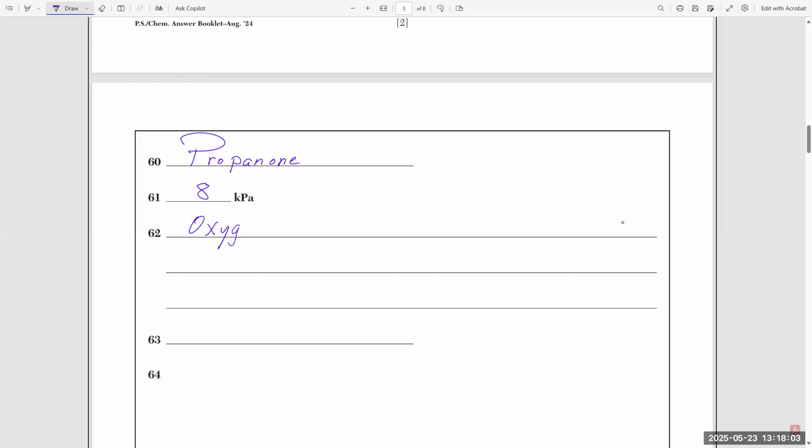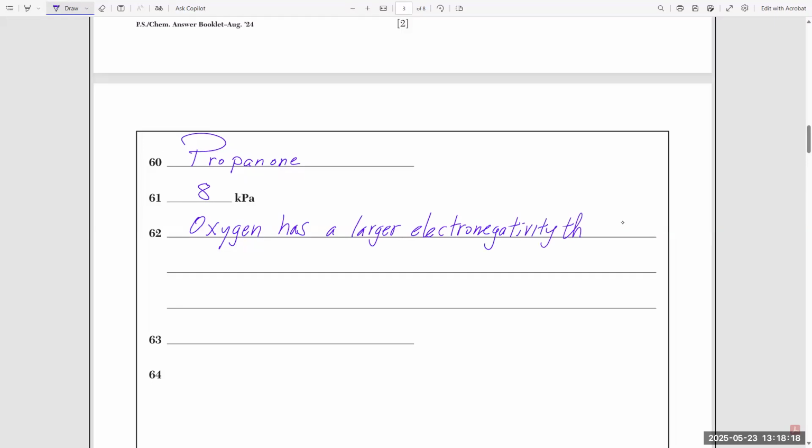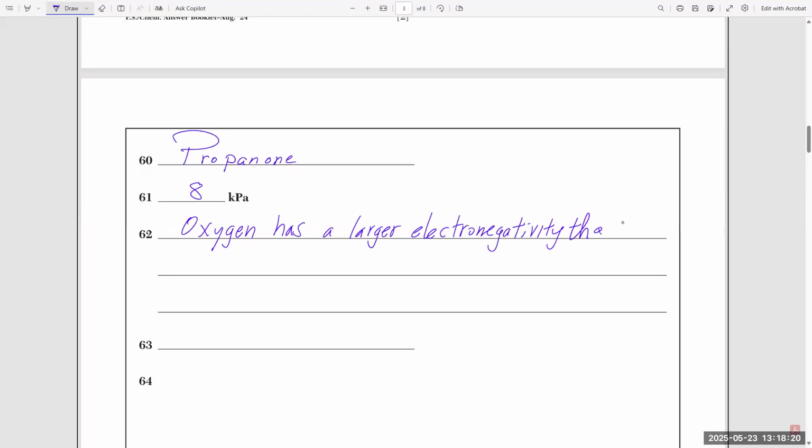Oxygen has a larger electronegativity than hydrogen, which causes electrons to be distributed how?